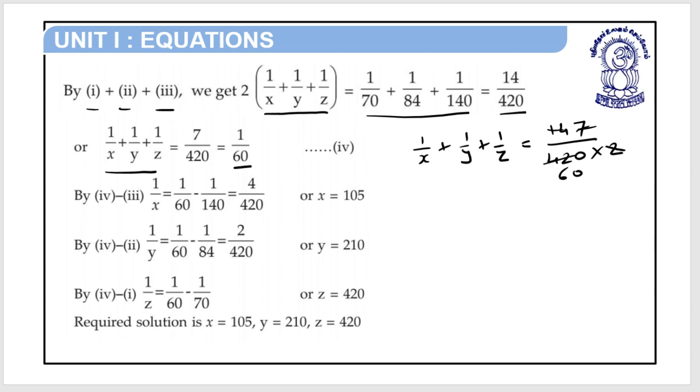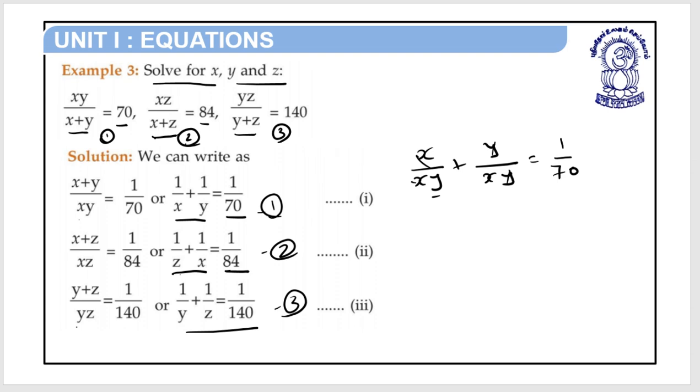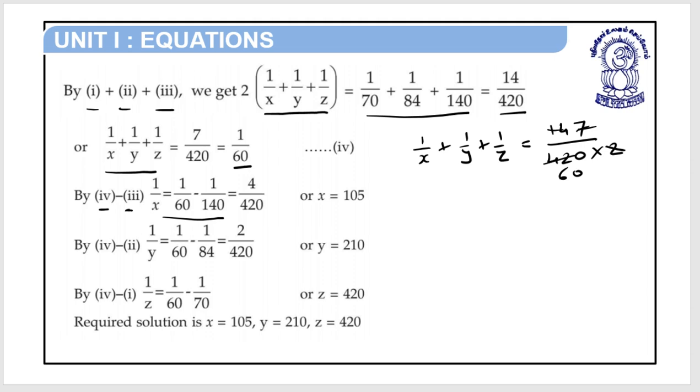Now subtract equation 4 minus equation 3. So 1 upon x is equal to 1 upon 60 minus 1 upon 140. Equation number 3 is 1 upon y plus 1 upon z is equal to 1 upon 140.